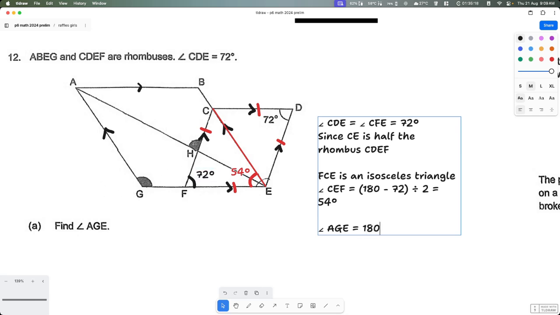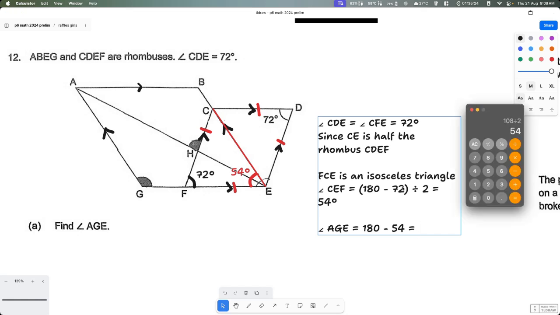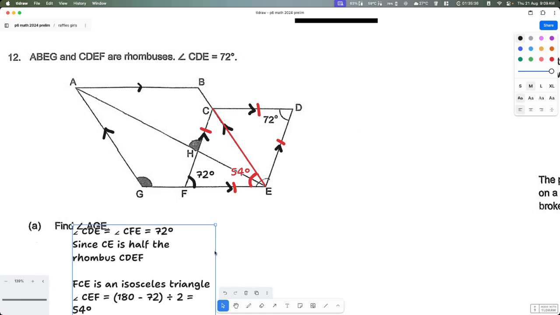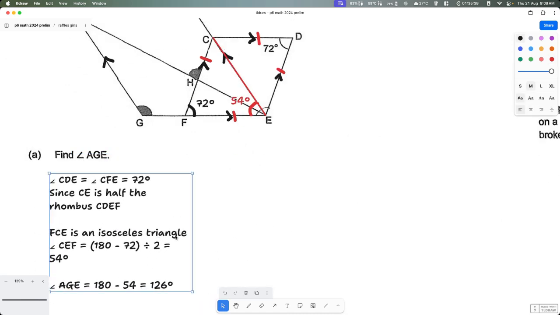So 180 minus 54 gives us 126 degrees. So the answer to AGE is 126 degrees. All right, that's it. Let's move on to part B.